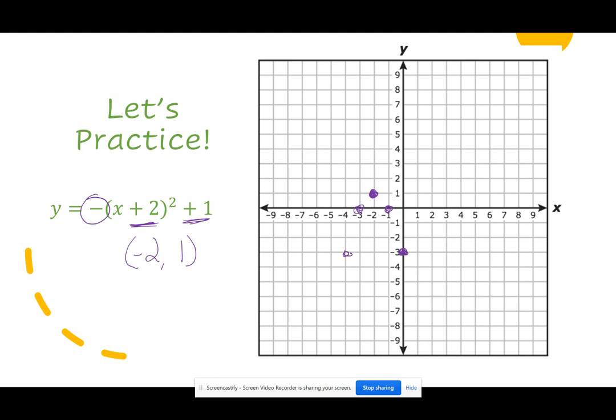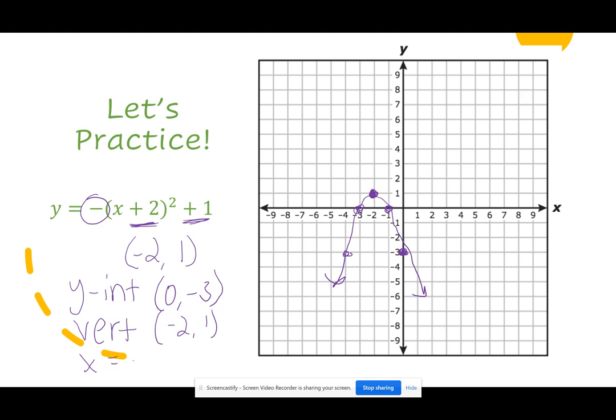And look, our y-intercept is right there as well. So that means our y-intercept is at 0, -3. Our vertex is at -2, 1. That means our axis of symmetry is x equals -2. And our vertex is now a maximum because the graph opens down.